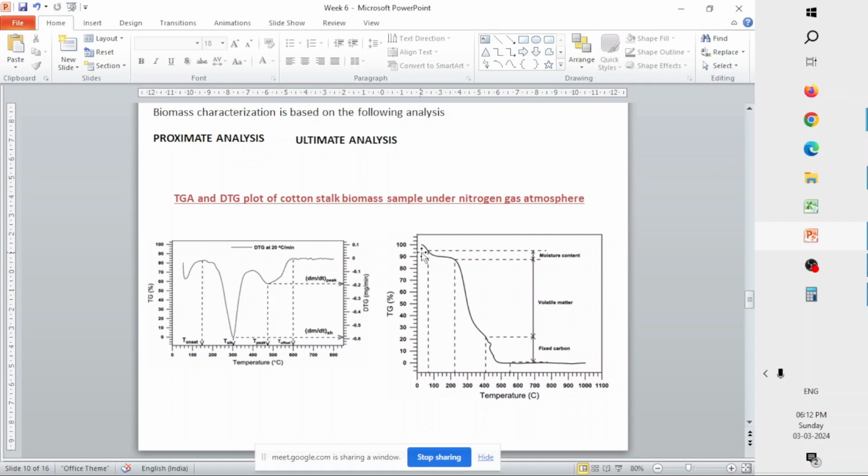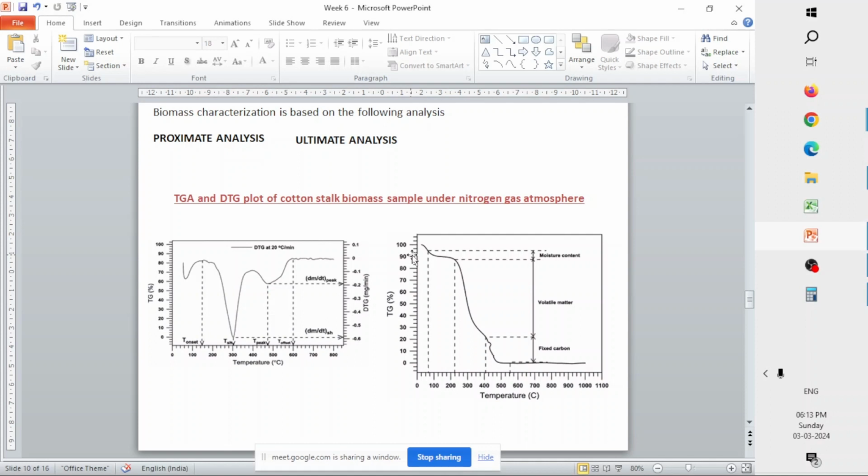So you start increasing the temperature from 25 degrees Celsius. So if you see here, up to 200 degrees Celsius, whatever the amount of mass lost is due to your moisture, because the moisture is nothing but the water molecules that are present in your material.